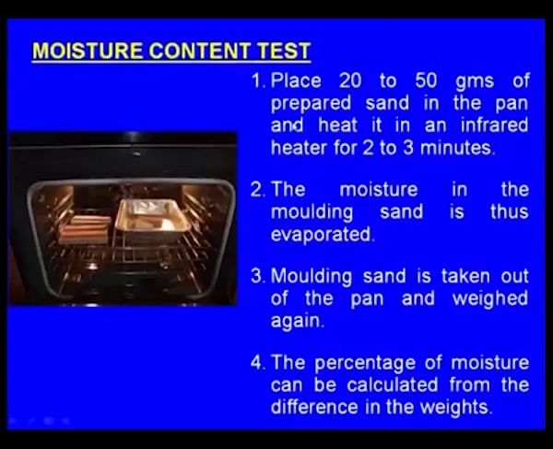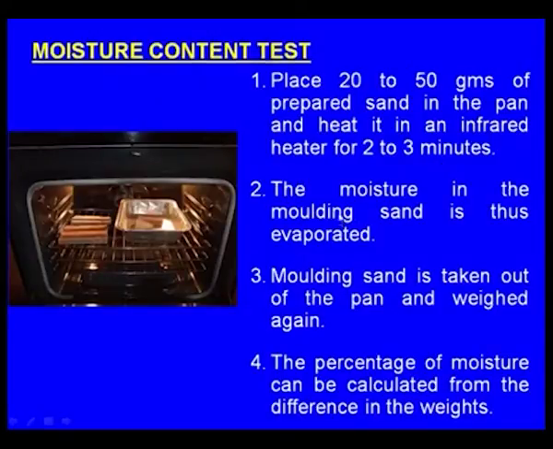Then we can find out the moisture content. So, this is the procedure. Place 20 to 50 grams of prepared green sand in the pan and heat it in an infrared oven for about 2 to 3 minutes.